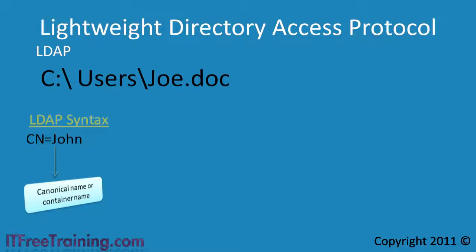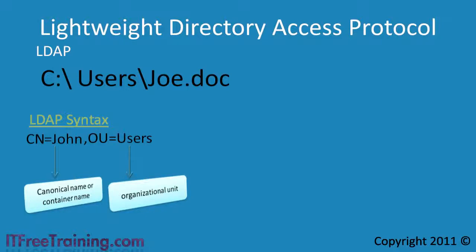Let's say the object John is located in an organizational unit called users. If you are confused, think of an organizational unit, or OU, as a folder inside Active Directory. To access this OU, add comma OU equals users.